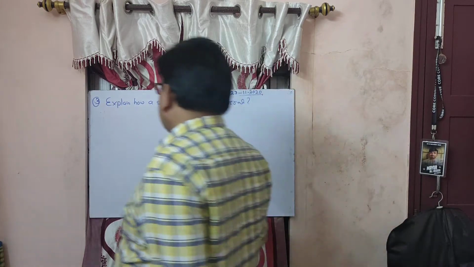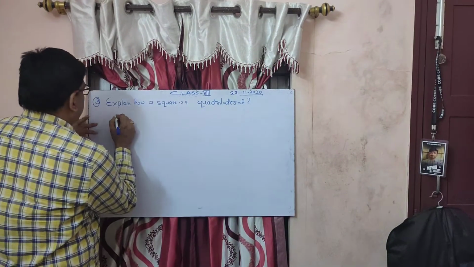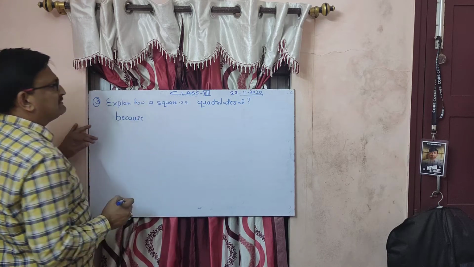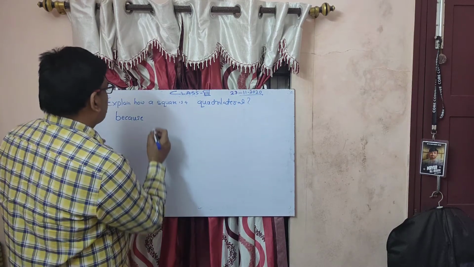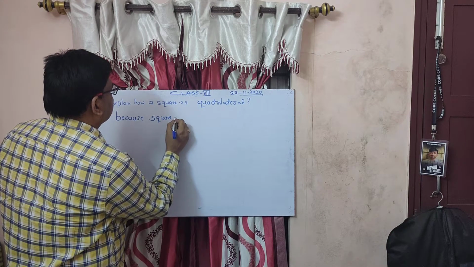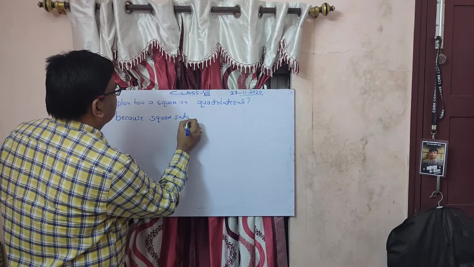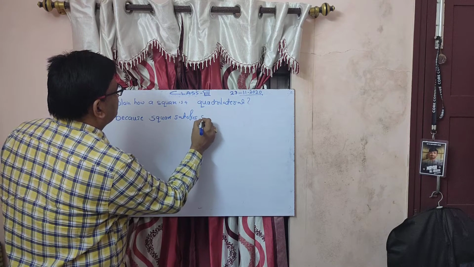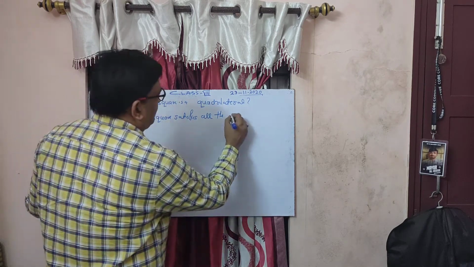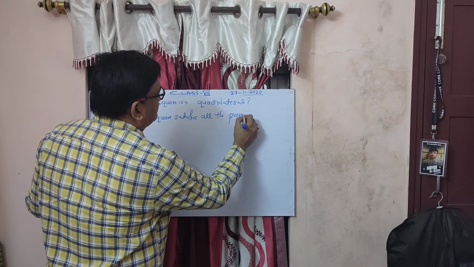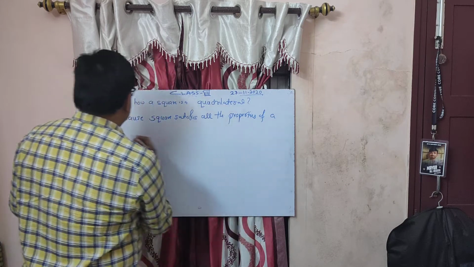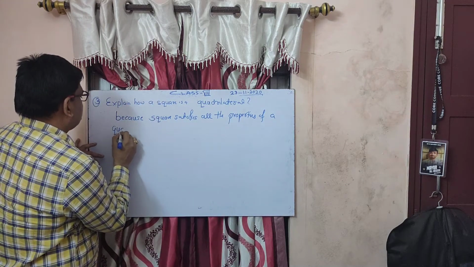Finally, we have to write because a square satisfies all the properties of a quadrilateral.